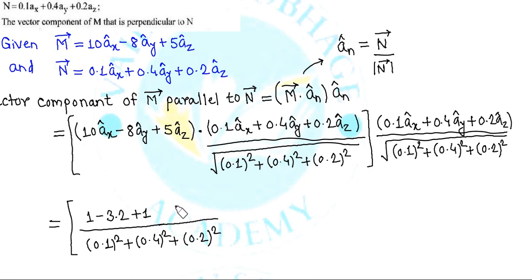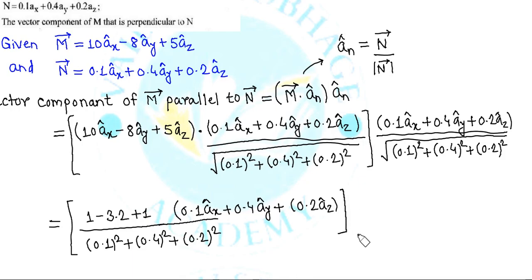Okay, now what is left? The given vector n is left in the numerator. So that will be 0.1 ax cap plus 0.4 ay cap plus 0.2 az cap.